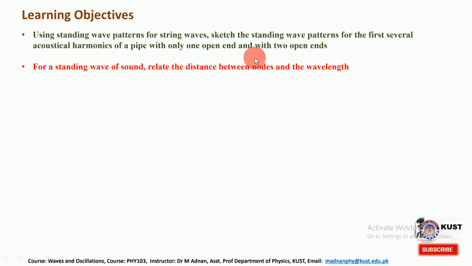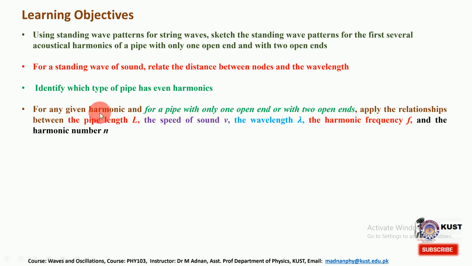The same concept will be used here for the standing waves of sound. Also, they will be able to identify which type of pipe has even harmonics. That is, we will discuss both the open organ pipe and the closed organ pipe, and the various overtones.